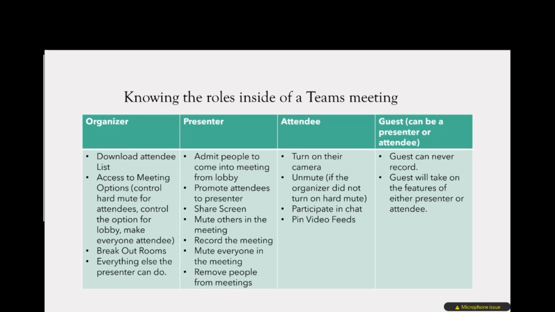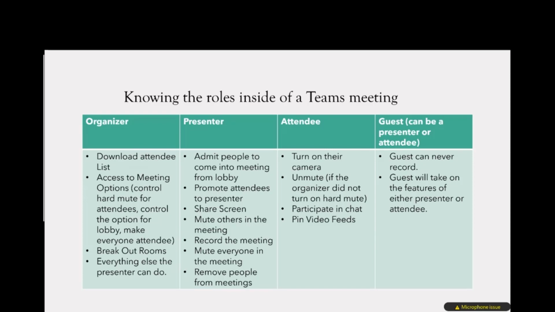Then there was a question from someone who said they allowed everyone to bypass the lobby, but some people are still being placed in the lobby. That would be a one-off. If you allow everyone to bypass the lobby, they should be able to just come in. The only time I've seen that where not everybody comes in is sometimes with phone numbers.